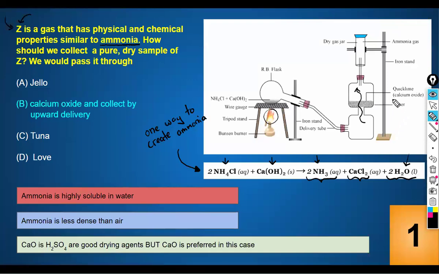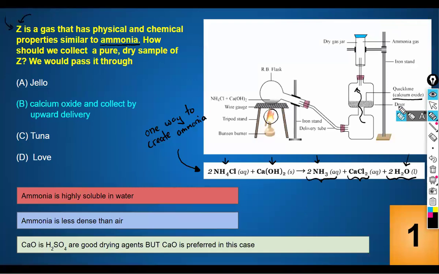In this experiment, they use calcium oxide. So when the ammonia flows through the calcium oxide, it will remove the water part. And what will happen? Pure ammonia will end up in the little test tube here, and that's how you collect it. Now, in chemistry, as far as I can tell, there are two ways to remove water.